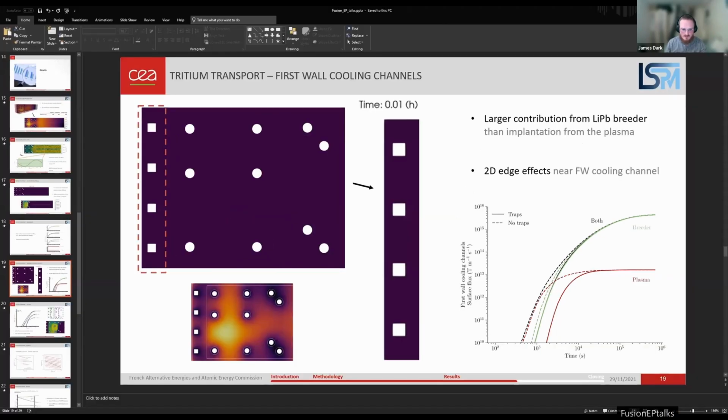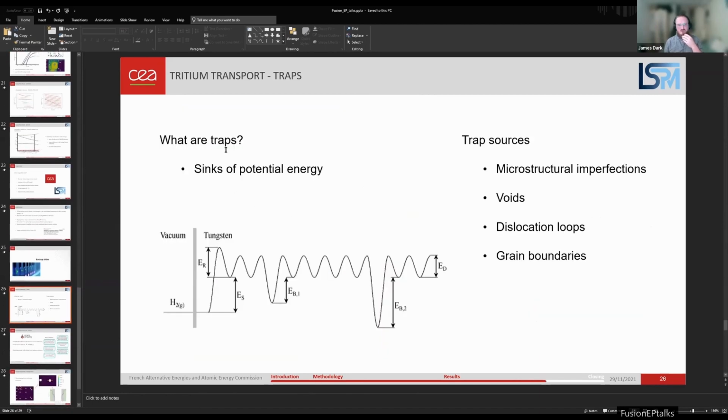Not necessarily material activation, but looking at the fact that as neutrons are coming in from your breeder, coming in from your plasma, neutron damage is going to be very significant in the tritium transport world, because traps are essentially formed from different microstructural imperfections, like voids, interstitial sites or vacancies, etc. So as neutrons are blasting in from your plasma, it's going to massively increase the number of these imperfections, and thus increase the density of traps available as well.